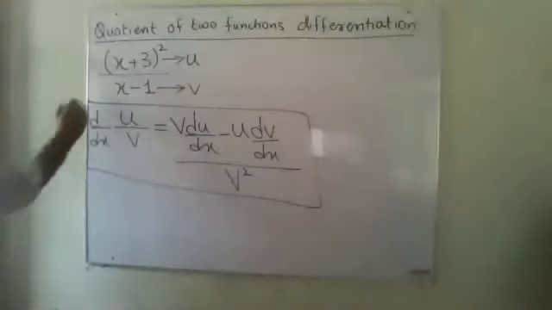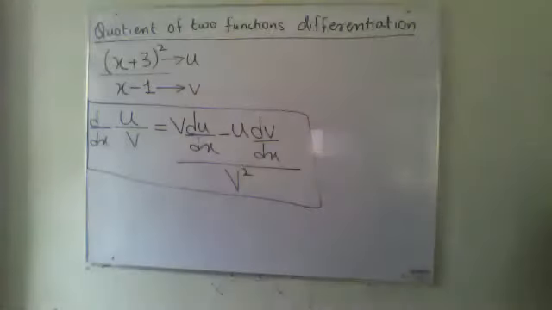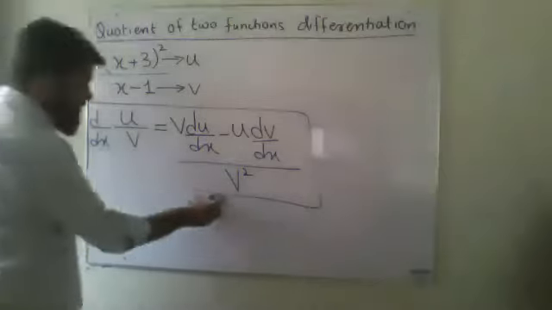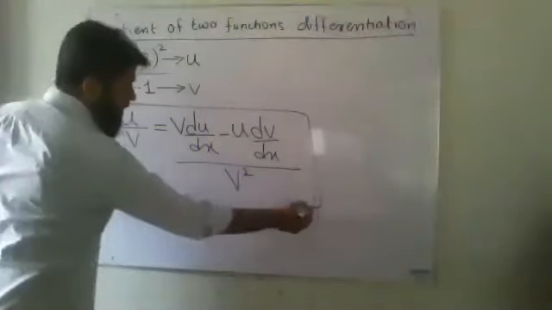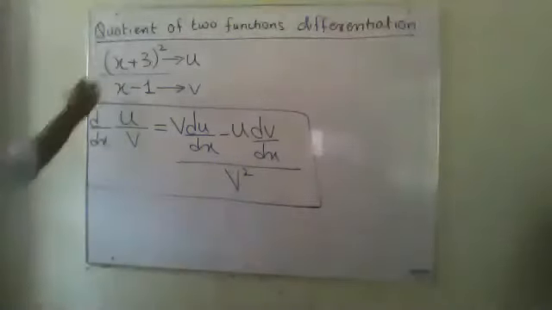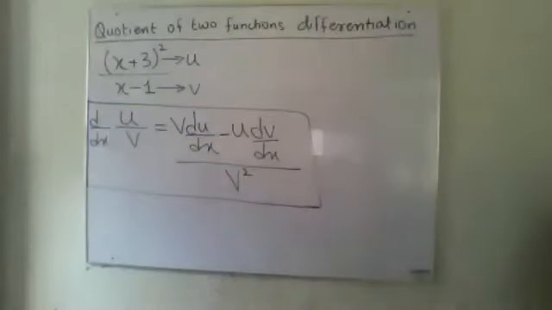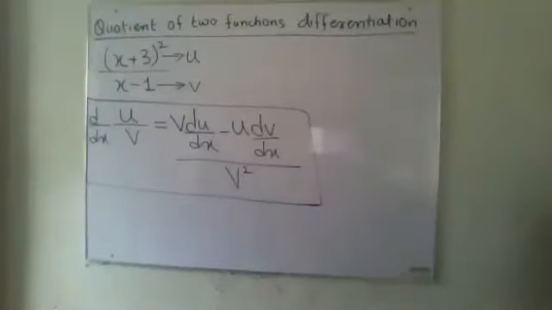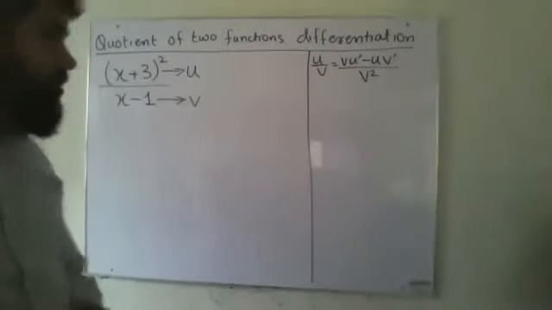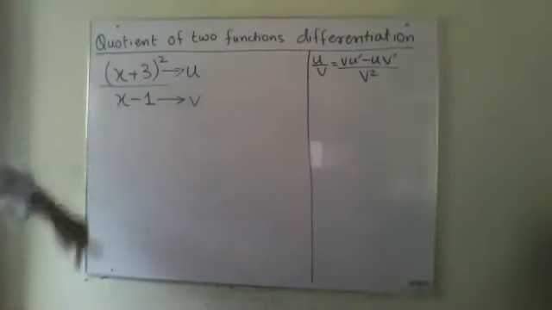This is your differential rule by which we are going to differentiate any fraction with functions in it, where more than one term is given in numerator and denominator. So now let's solve this question.